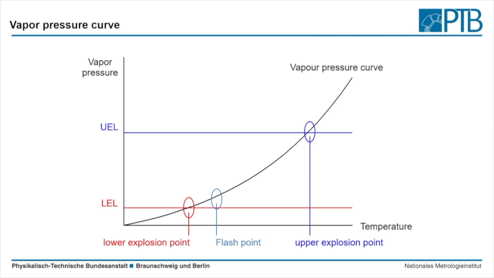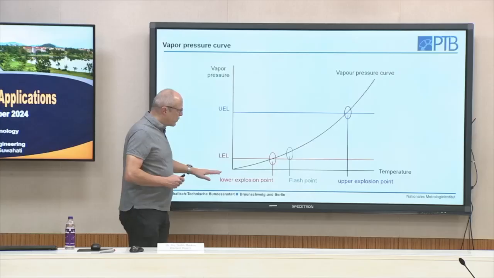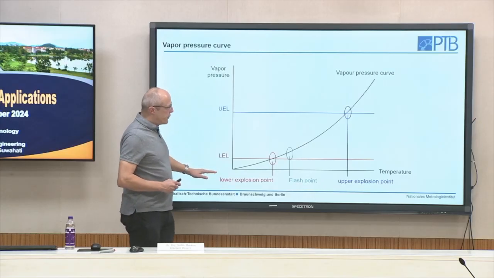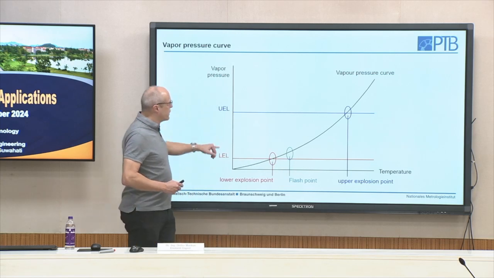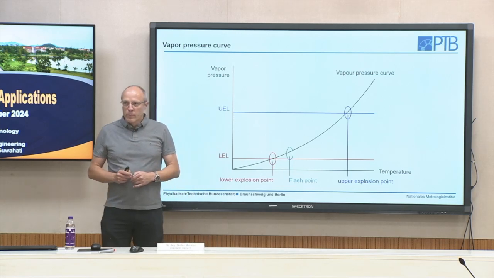When we consider liquids, there's an additional effect, and this is the vapor pressure. I think flashpoint will be explained later in this part of the lecture. But if you have a flammable liquid and you increase the temperature, you increase the vapor pressure.